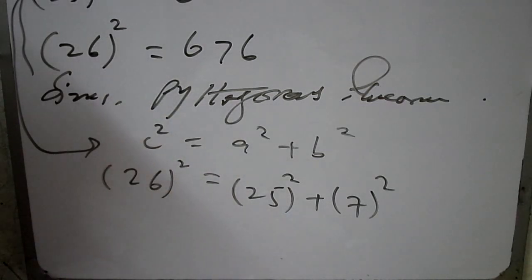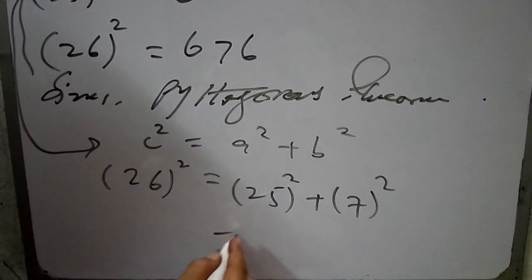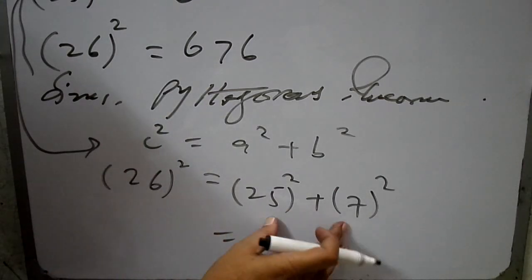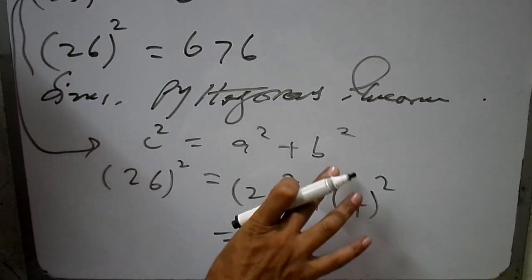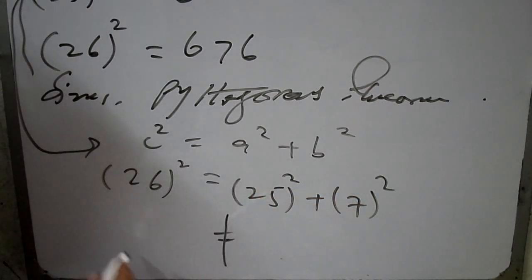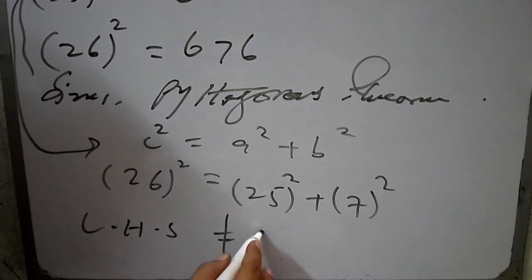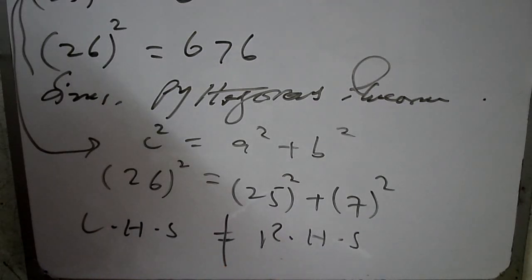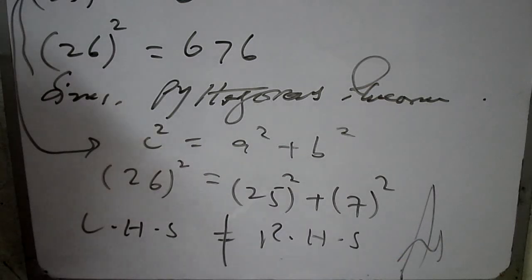I checked with the help of a calculator, and the addition of these two is not equal to the left hand side. So it means left hand side is not equal to the right hand side. So that's why these are not the sides of a right angle triangle.